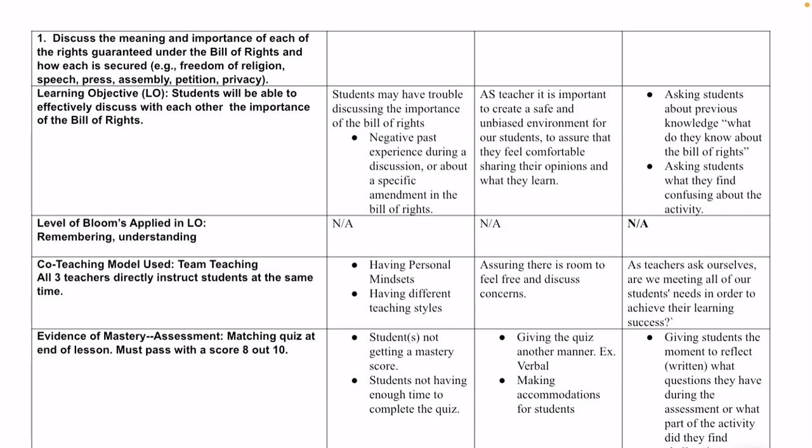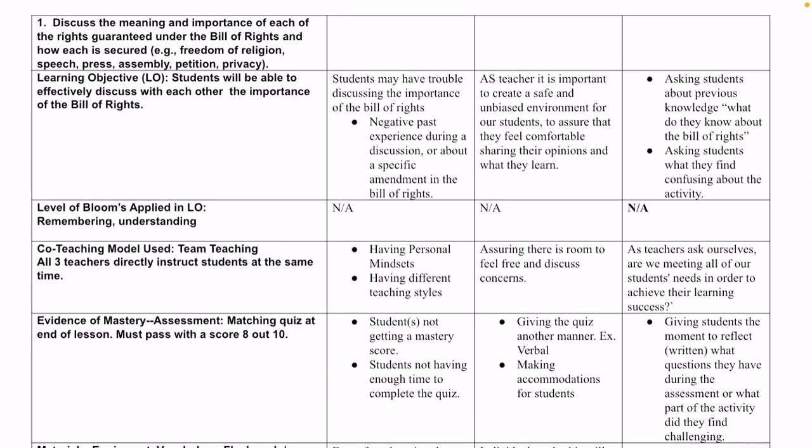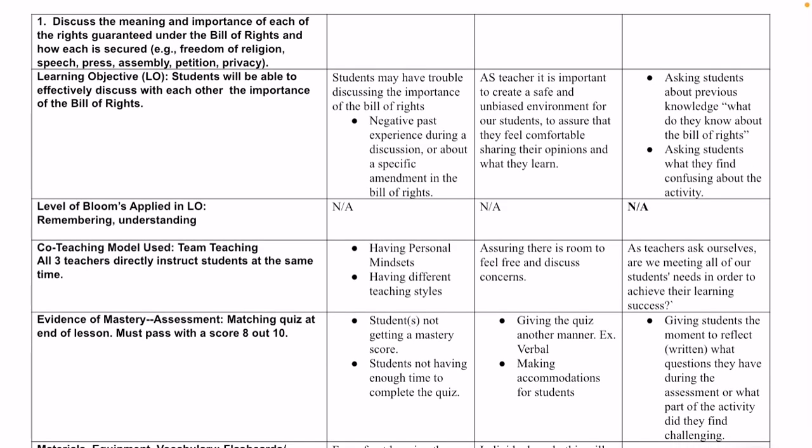So for our learning objective, we wrote students will be able to effectively discuss with each other the importance of the Bill of Rights. One of the barriers we had thought of was that they might have trouble discussing the importance of it. Maybe a lot of students don't really know what the Bill of Rights is, or how to explain it.